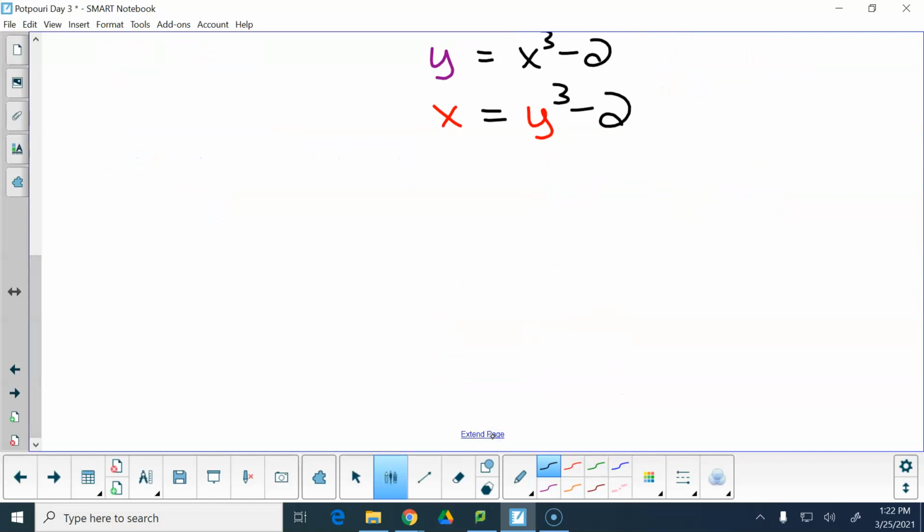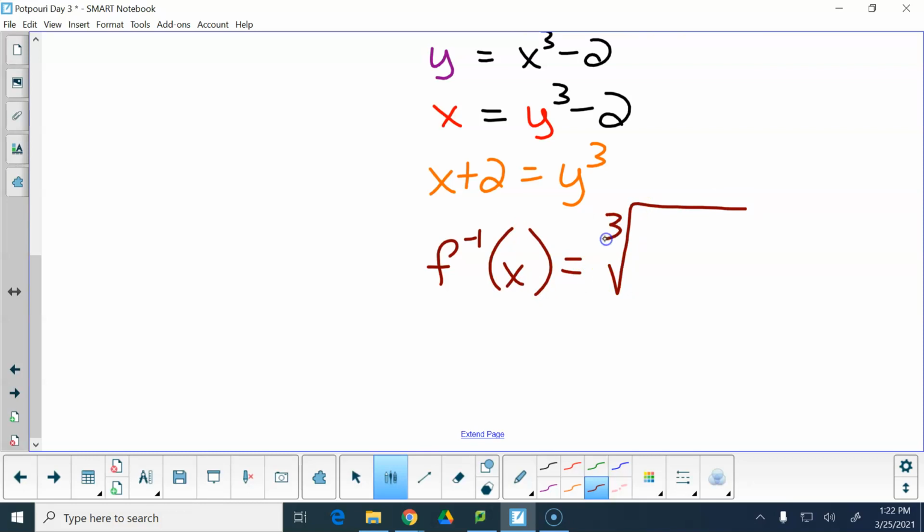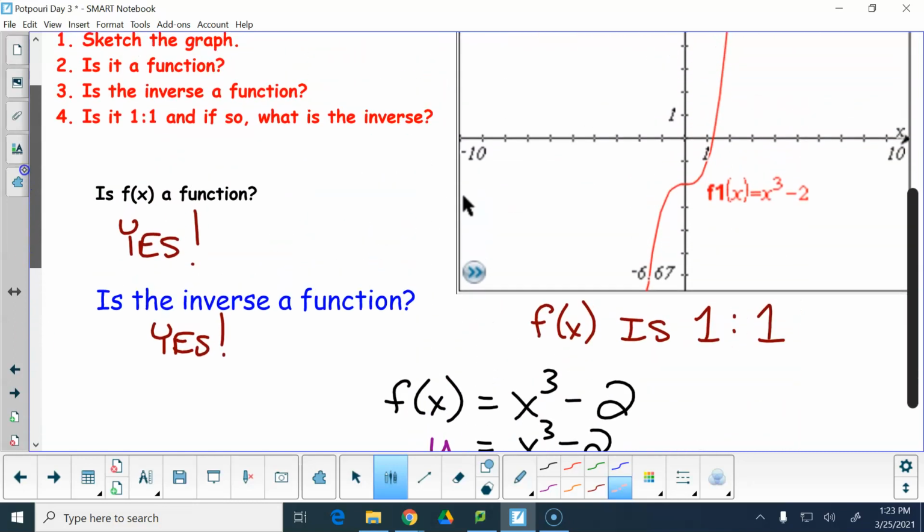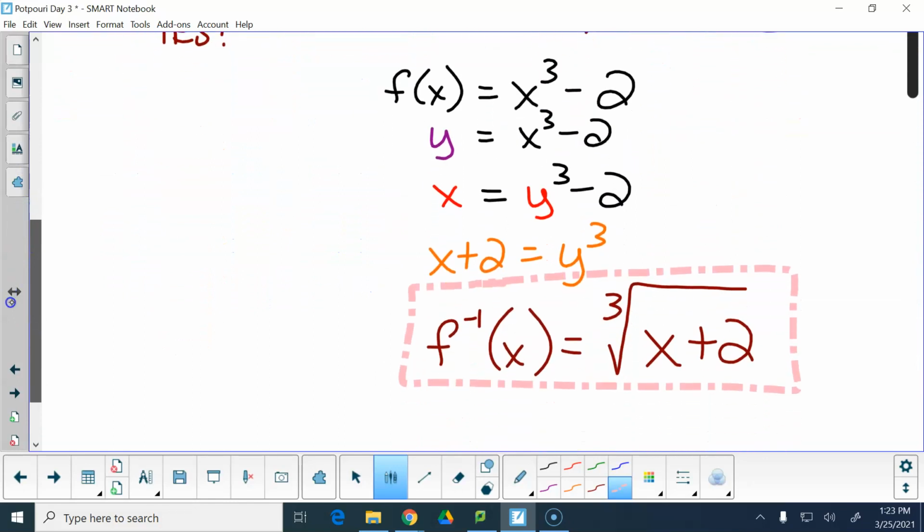Add 2. Cube root both sides. So the inverse of f is the cube root of x plus 2. And this function is 1 to 1. Do I have to prove it too? Didn't say that. That's for checking. It just said that we had to find it.